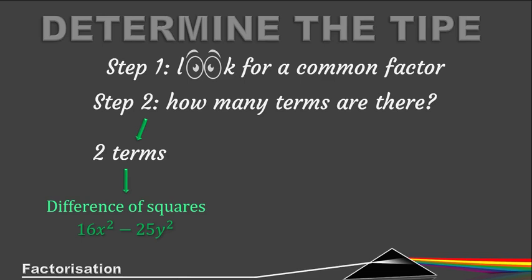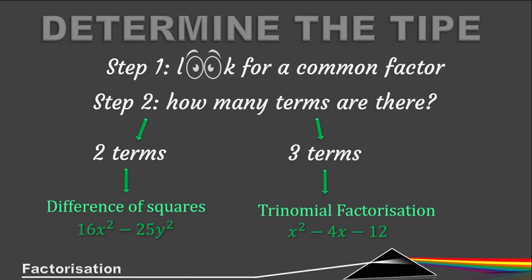Then you know, okay, this is difference of squares, and you can apply those methods. Next, if you have three terms, then it would most likely be trinomial factorization. And you also know what that looks like. The first term will always have the variable squared, the second just the variable, and then the third one is a constant.